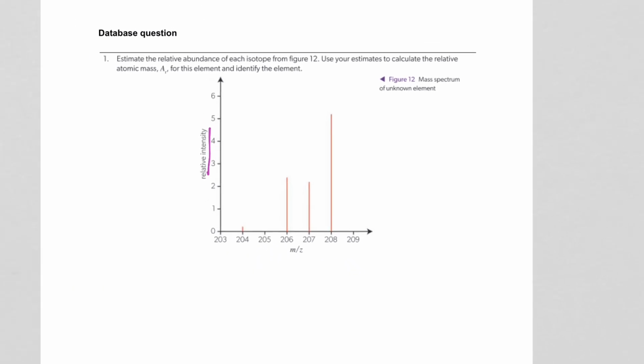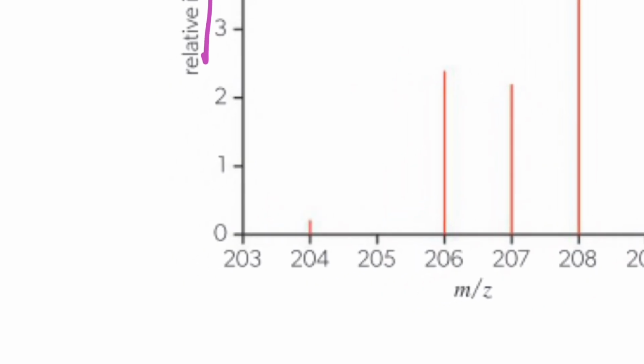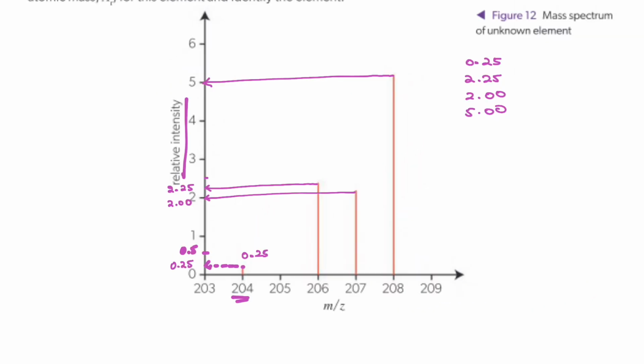So estimate the relative abundance of each isotope. So you are estimating. In the marking scheme, normally there's going to be a range that is going to be valid. So let's estimate. So this one here is 0.5 approximately, so this would be 0.25 and so on.